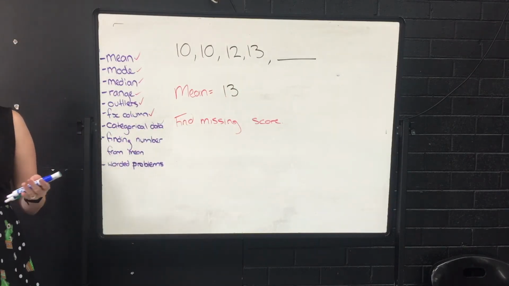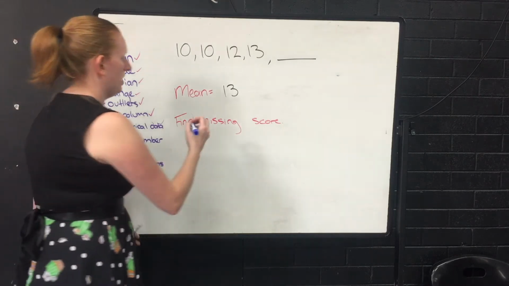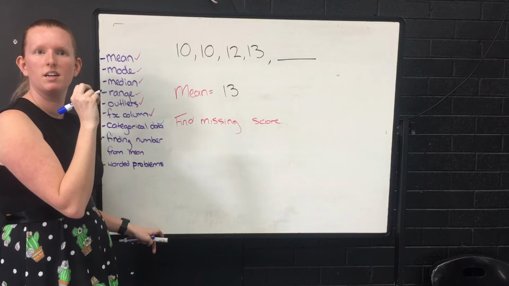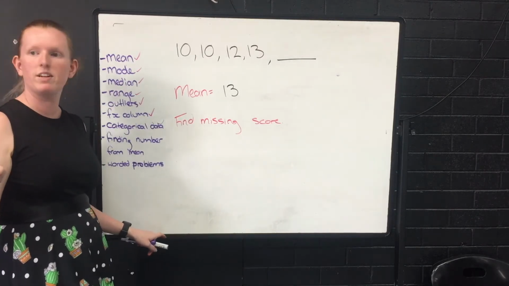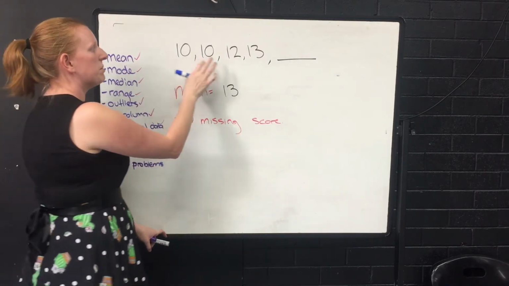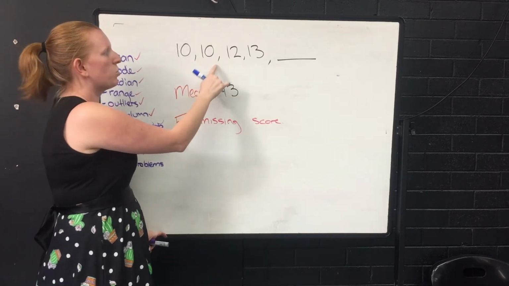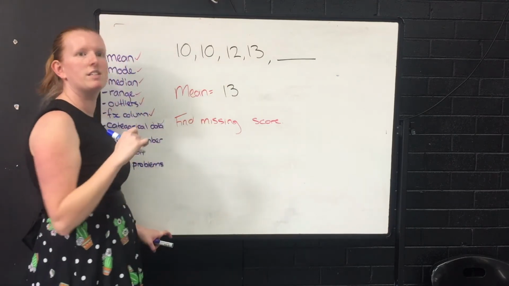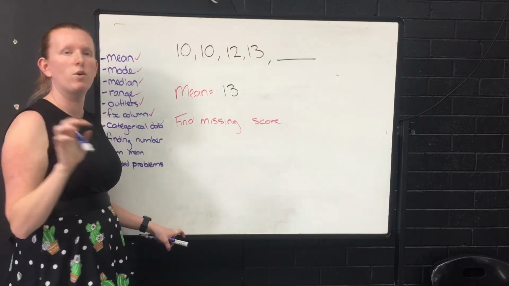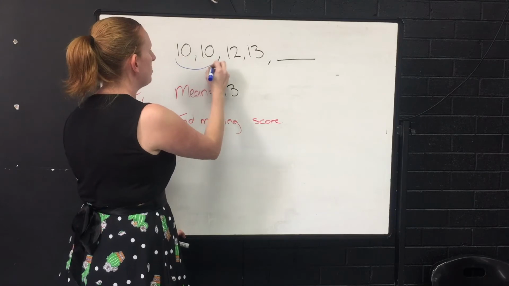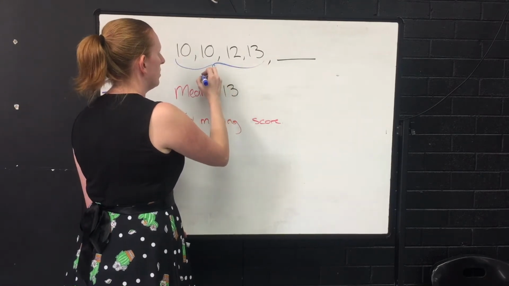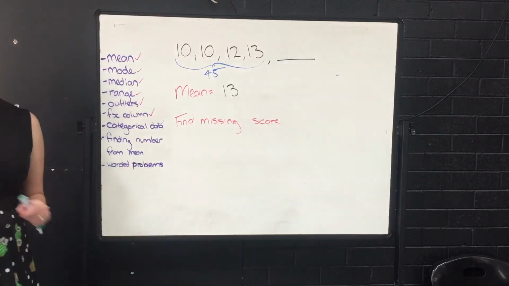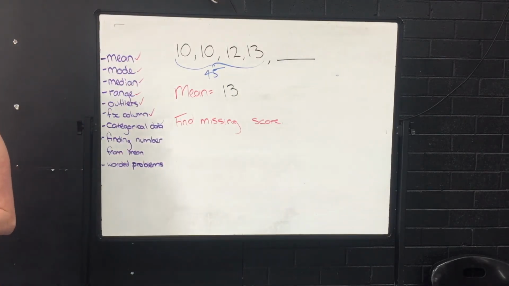So, 10 plus 10 is 20. 20 plus 12 is 32. 32 plus 13 is 45. Okay, so these all add up to 45. We still have one number. Alright, so that's just going to save us some time later on.